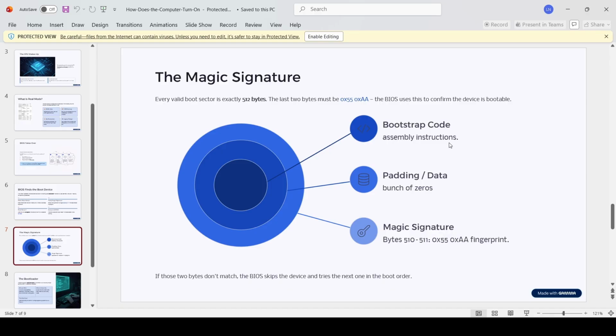After that, if we have any space left, we will pad that space with zeros, so that the CPU doesn't execute that data. And at the end, at bytes 510 and 511, the last of those 512 bytes, we will write a magic signature so that the BIOS can know that this is a bootloader.